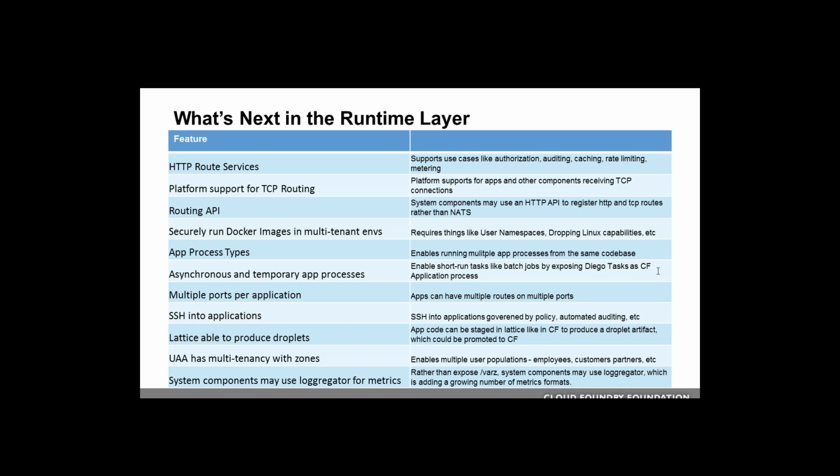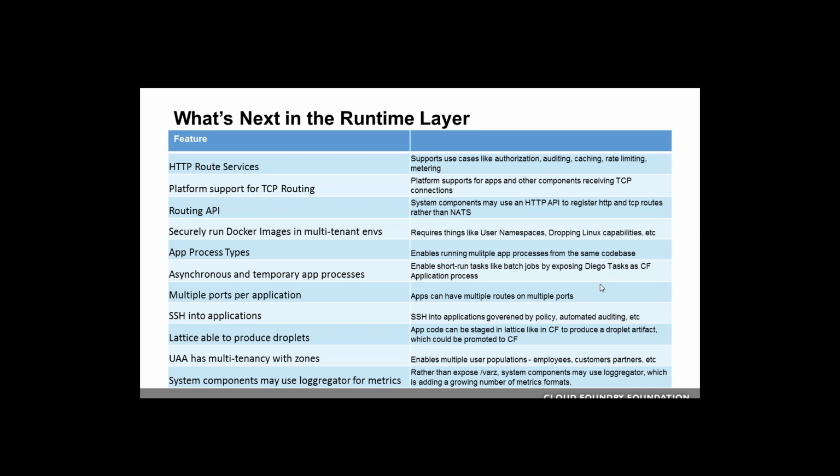We're also working on support for TCP routing that's currently supported with Lattice, and we're working towards integrating that with the Cloud Controller and exposing that in the API so that you could have support for TCP routing to your application containers.